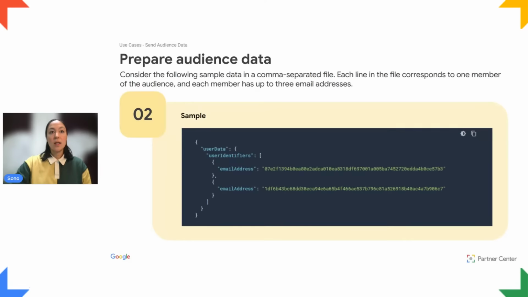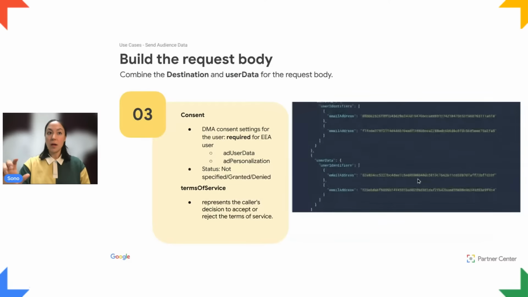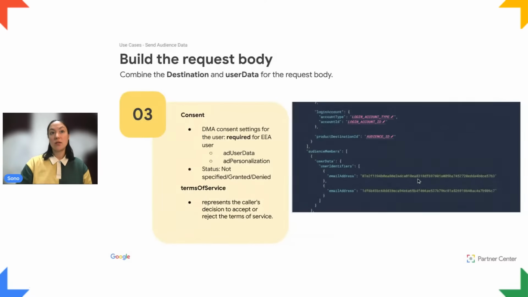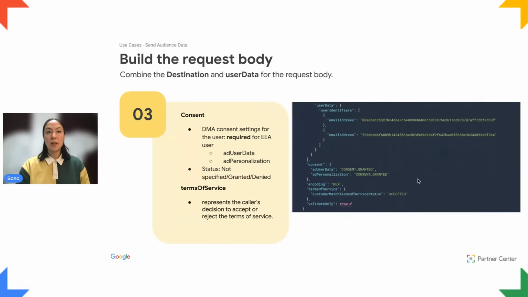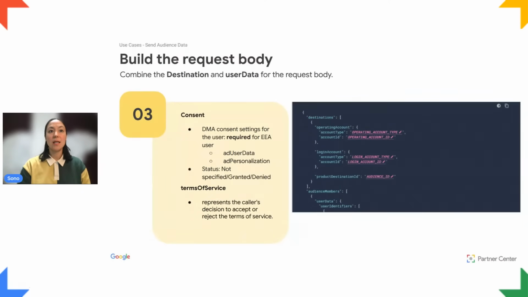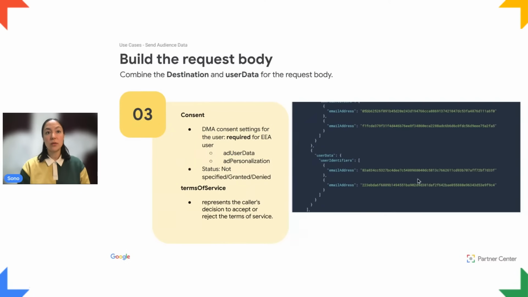This is how the whole user request would look like. It's a little bit fast, but we will go later into a demo where we can dive deeper into the request itself. But here you can see that there are multiple user data objects with email addresses. At the end, you would also have the consent status set for this call.